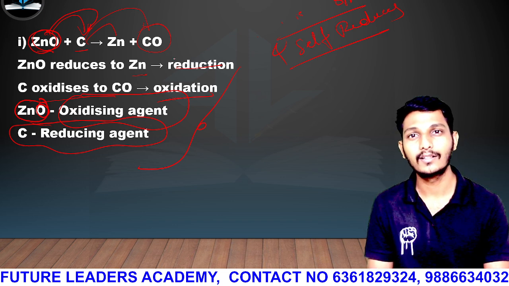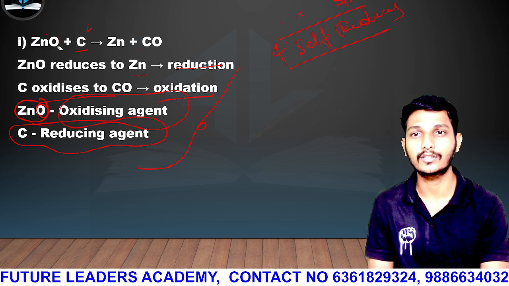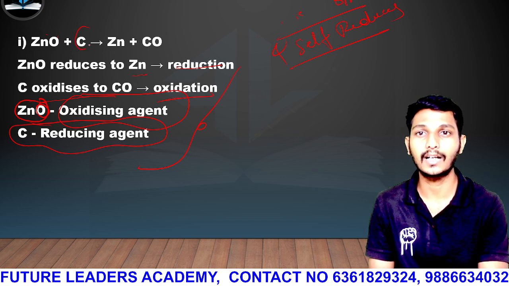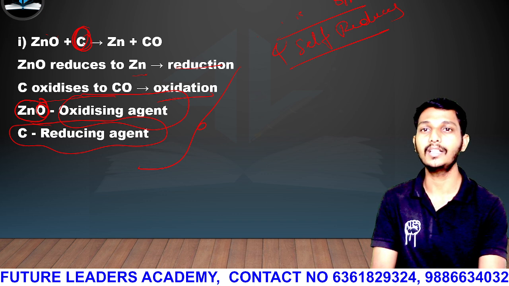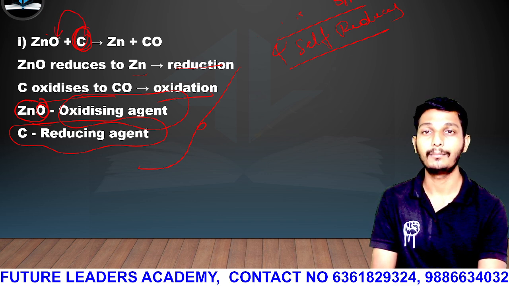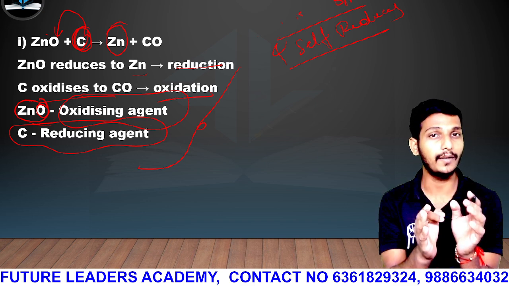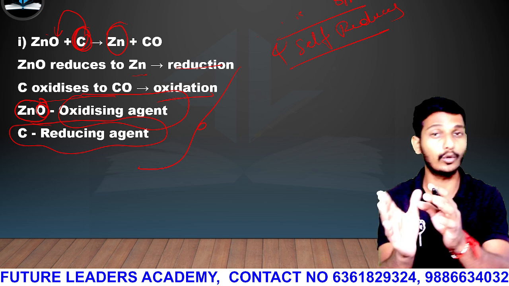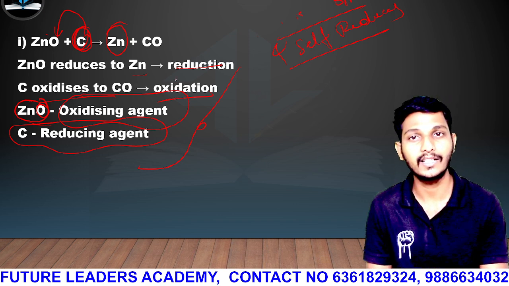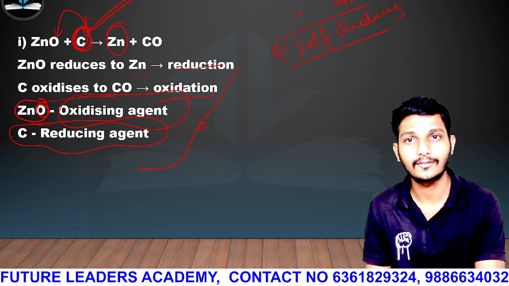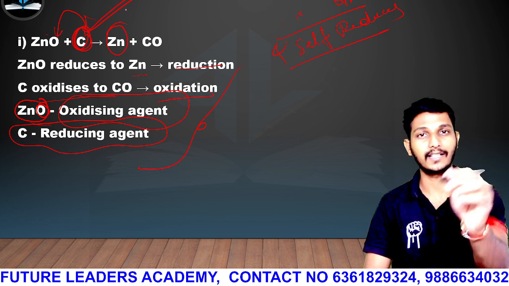Which is the reason for the Zn to be reduced? The reason is because of the carbon. Carbon combines with the oxygen, which helps the Zn to reduce by removing the oxygen. That is what a reducing agent is. I hope it is clear, guys.